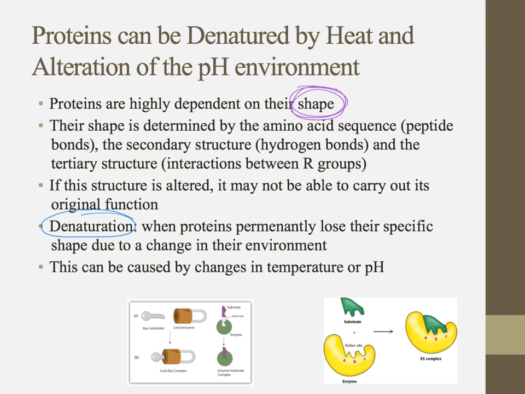And this is a permanent process. When proteins permanently lose their specific shape due to a change in their environment, we call that denaturation. So we must be doing something to alter some of these factors that go into making the protein its own awesome, wonderful shape. 2 of the environmental factors that can cause denaturation are temperature and pH.